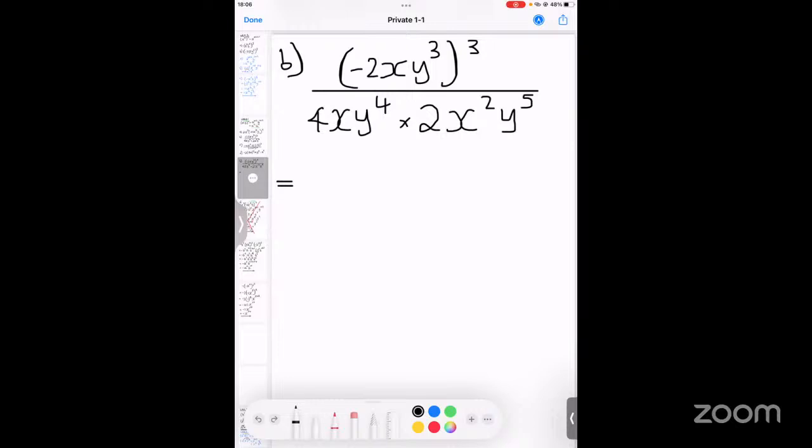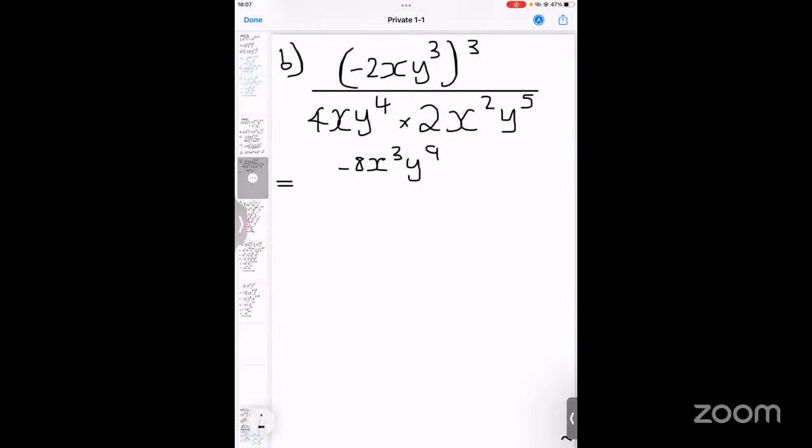Let's see. Langelihle, are you still having a challenge with the calculator? Yes, I think I'm done now. Okay, then it's fine. What did you do on your first step? The first thing I wrote was negative 8 x to the power of 3 y to the power of 9 over... First you write negative 8 x to the power of 3 y to the power of 9.